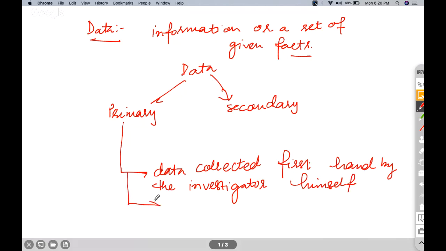When I'm doing research work, studying something and I need some information from outside, I go out and try to find out that data. That is what primary data is all about.